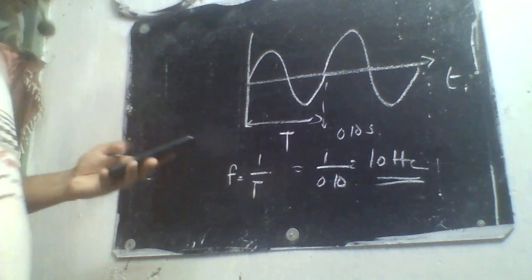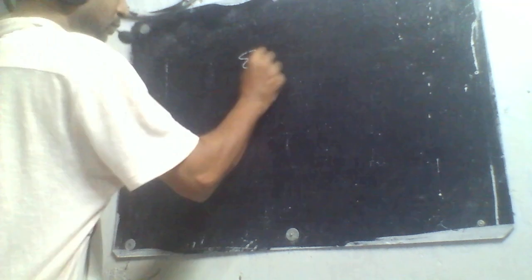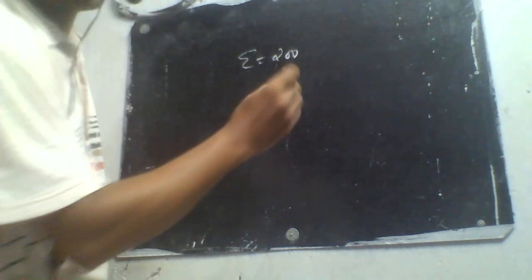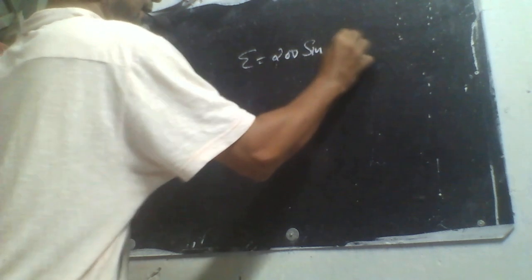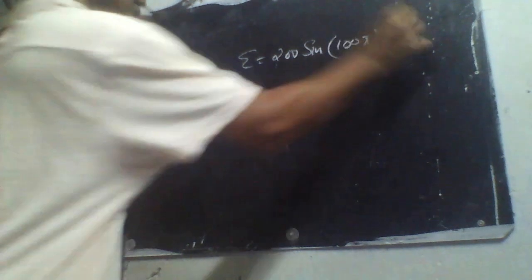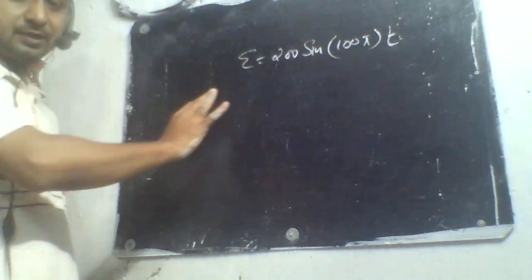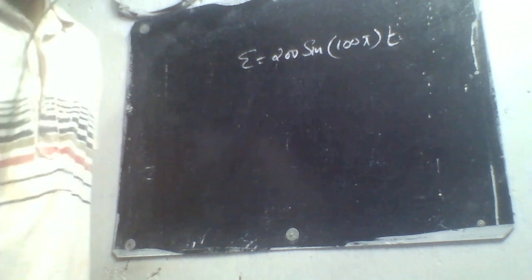See, in that question, one second, I'm not able to open it. In that question, I think it is given like this: E is equal to 200 sine 100 pi t. See, normally one question will be related to this. They are asking you to find the frequency.